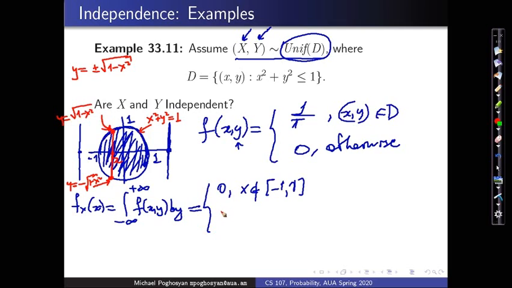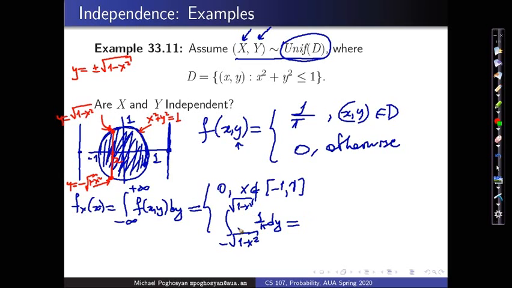Now I am integrating over this segment, from minus square root of 1 minus x squared to square root of 1 minus x squared. And I'm integrating f, and f is 1 over pi, dy. This goes out, I'm integrating 1, so I will have the length.